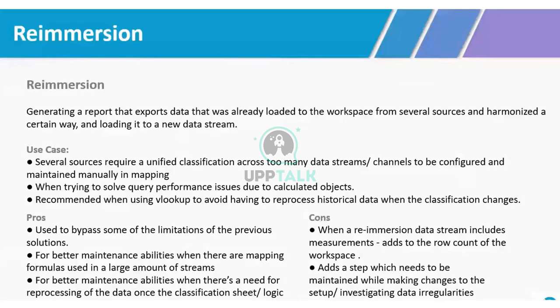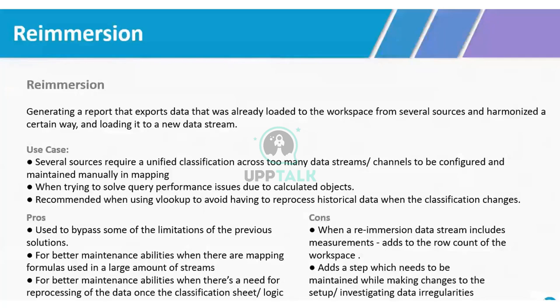When I talk of data streams, you consider it as 100 data streams. When we have data streams together in a certain workspace, they can be of similar source or of different source, right?